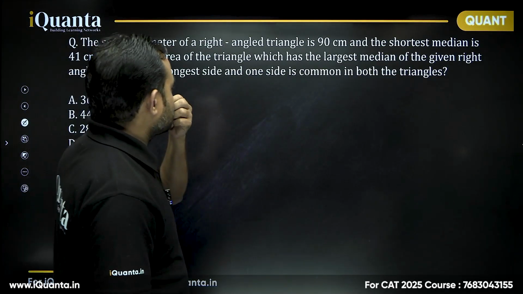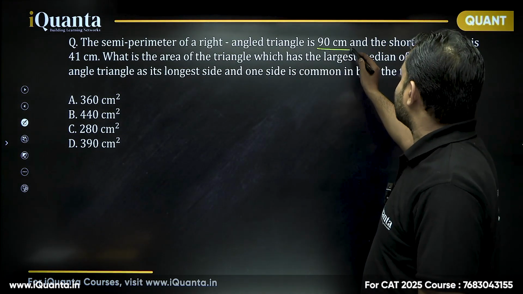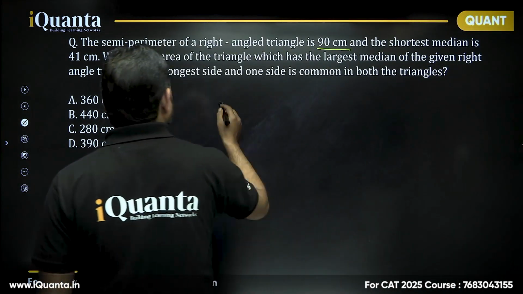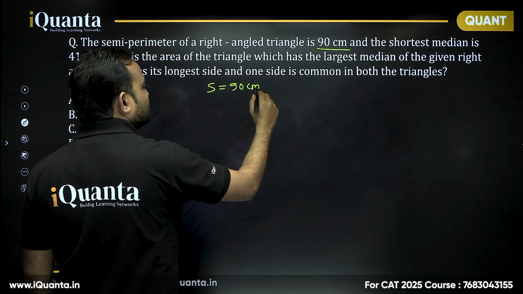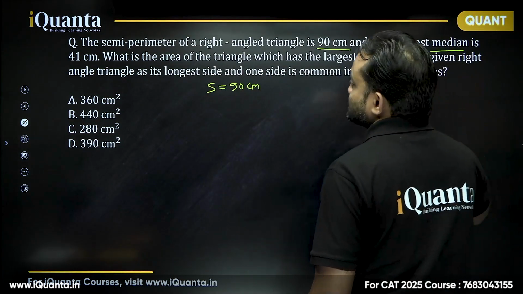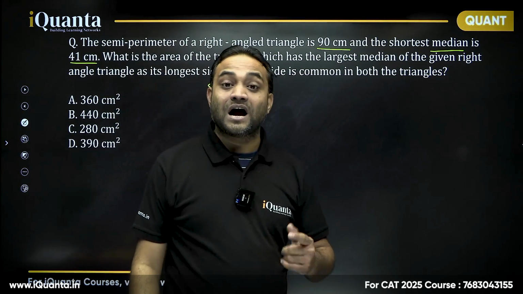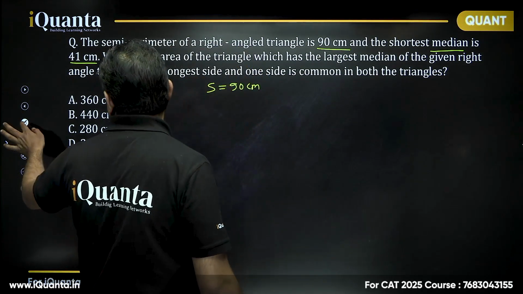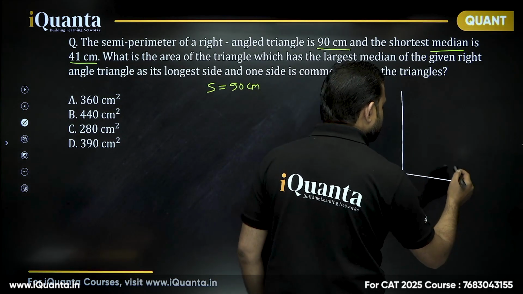Now, next question. Again, it says the semi-perimeter of right angle triangle is 90 centimeter. So S is equal to 90 centimeter. And the shortest median is 41 centimeter. Now, where will the shortest median be? So, let's say if we have a right angle triangle, something like this.